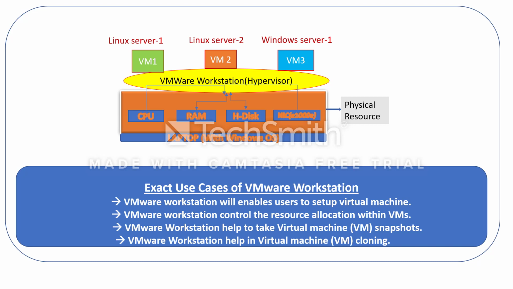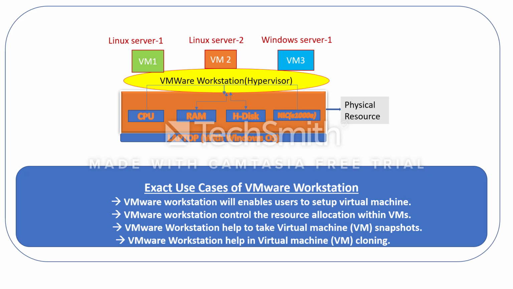So a snapshot will save the server state so that you can restore your VM in case if anything happen wrong while working in the virtual machine. You can also create multiple cloning of this VM as well. So this is the fourth use case we can see here. VMware Workstation help in virtual machine VM cloning.